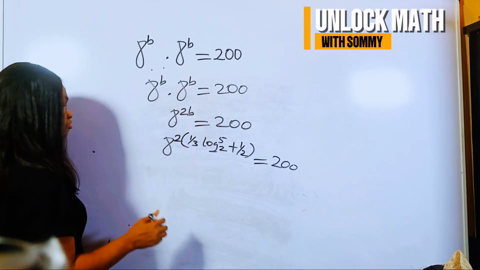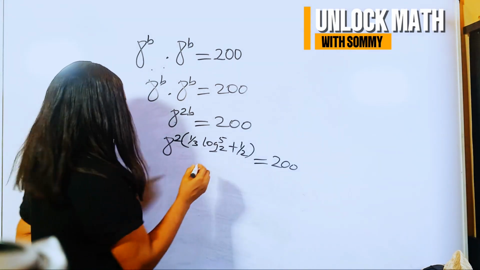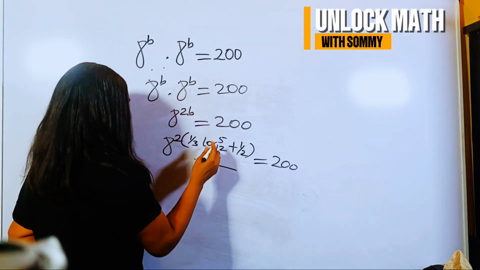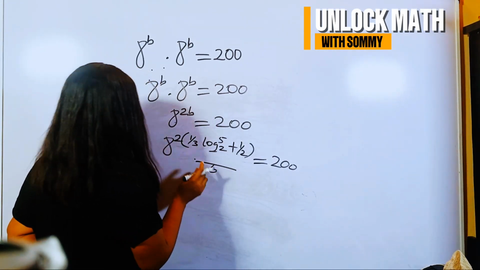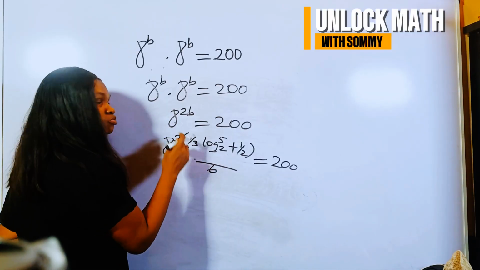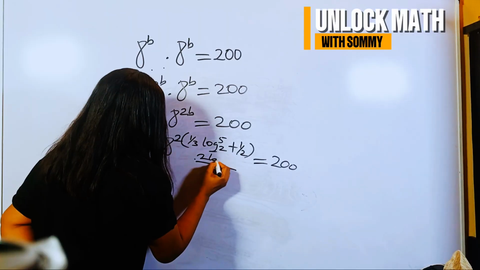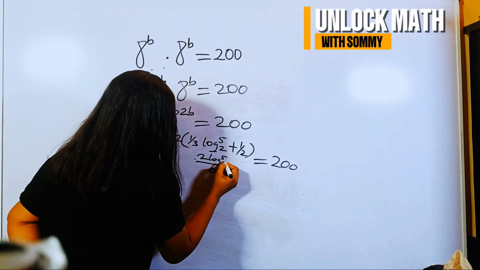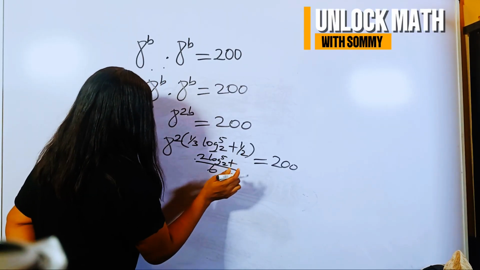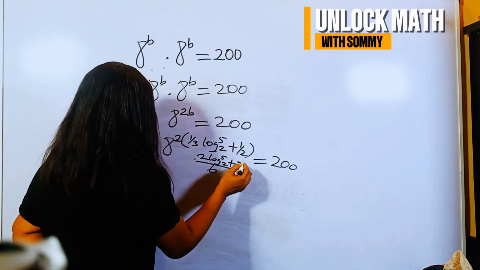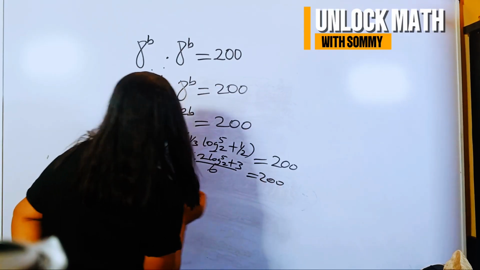If we continue to solve, first we find the LCM. And the LCM here is 6. 3 divides 6, we have 2. 2 multiplies 1, we have 2. 2 log 5 base 2 plus 2 divided by 6 is 3. 3 times 1 is 3. Equals to 200.